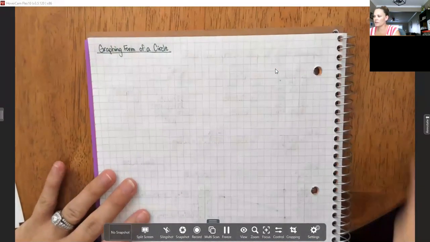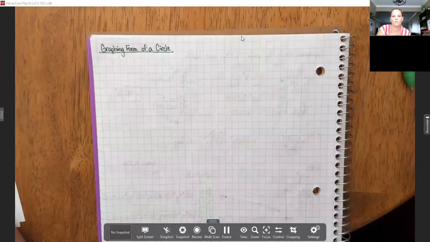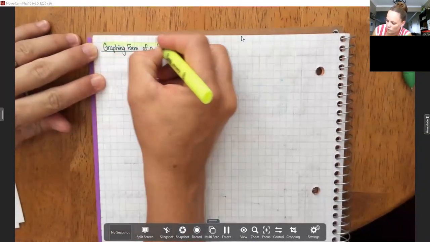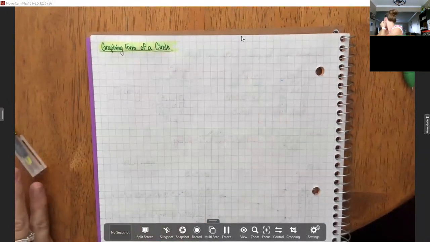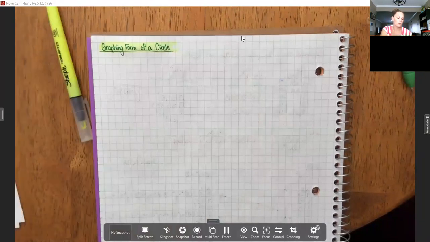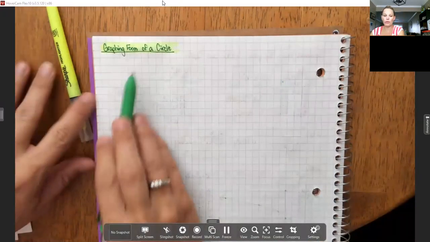So graphing form of a circle. Again, this should be review from Math 2.